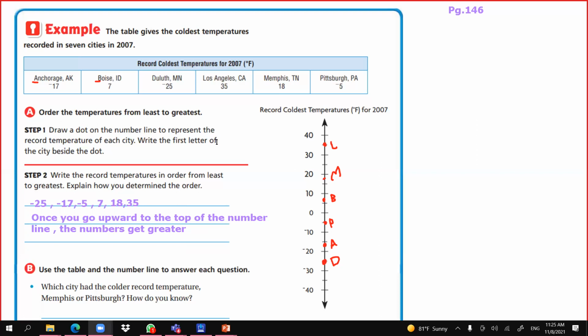Okay. Now, yeah, you can answer now. Can you tell me now which city had the colder record temperature? Memphis or Pittsburgh? No, he asked you now between Memphis or Pittsburgh.